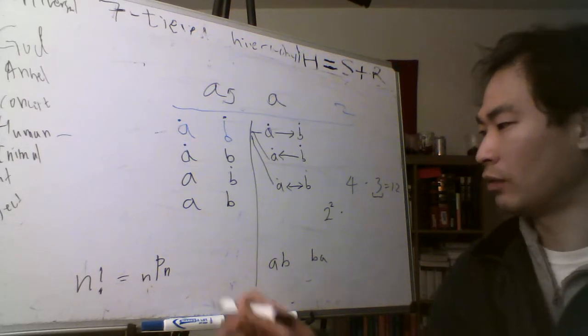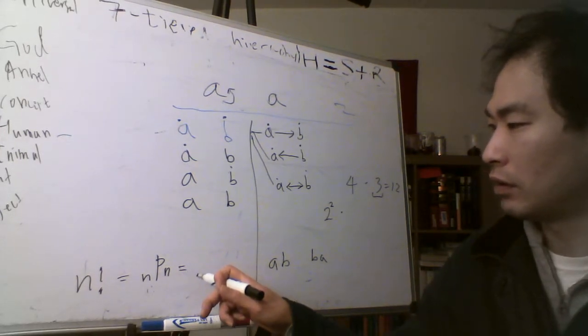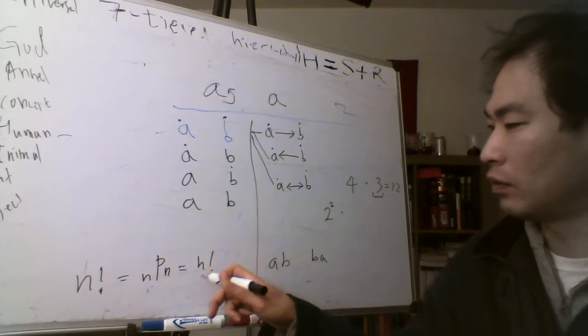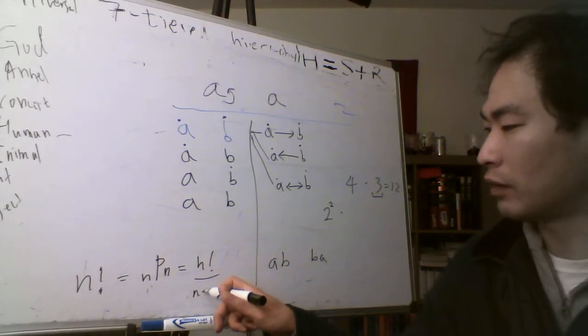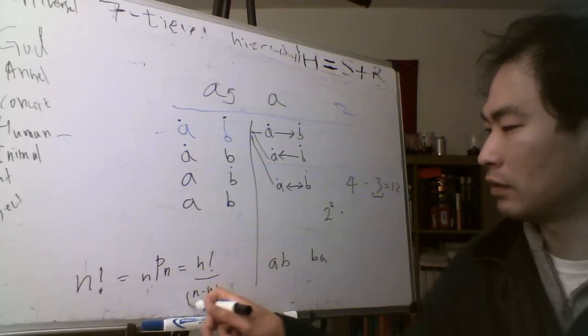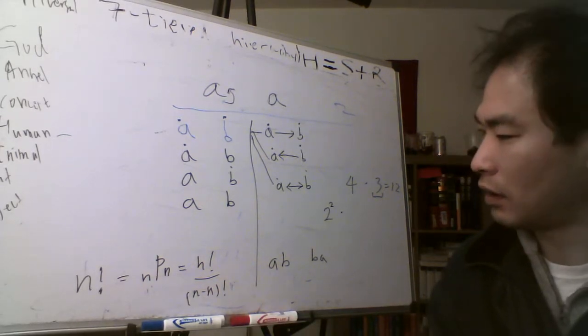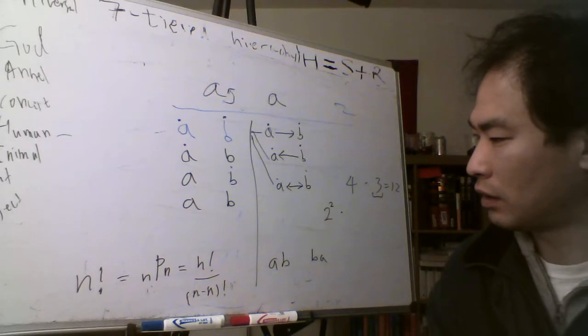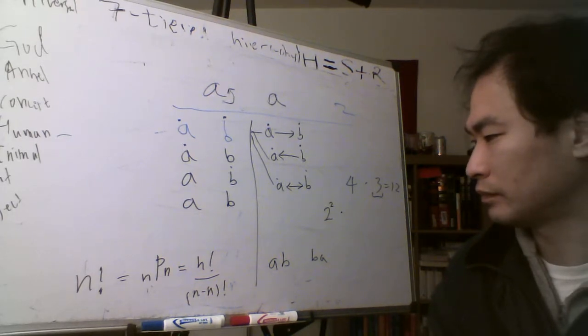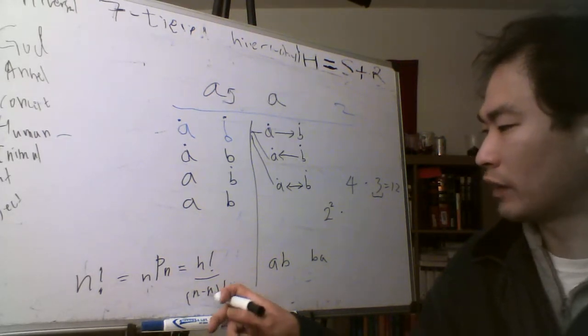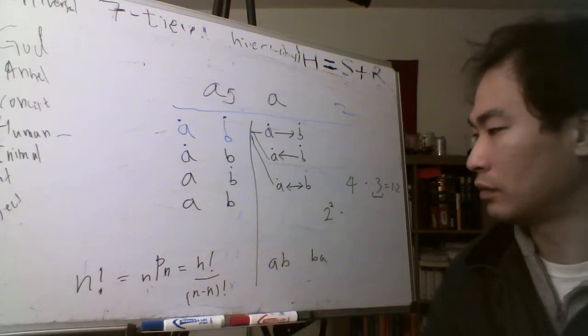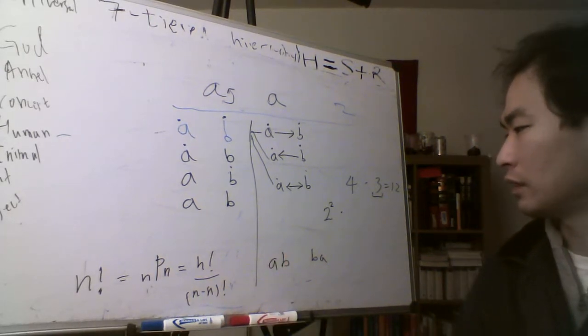Why? Because it's n factorial over n minus n factorial, right? And 0 factorial is 1, so it's just by definition, I guess.